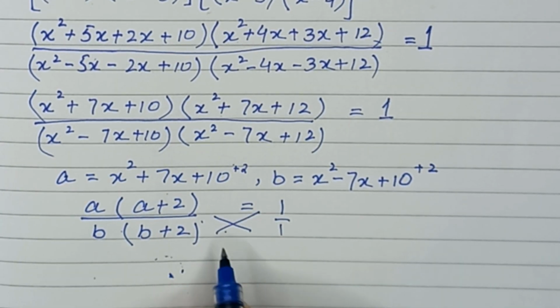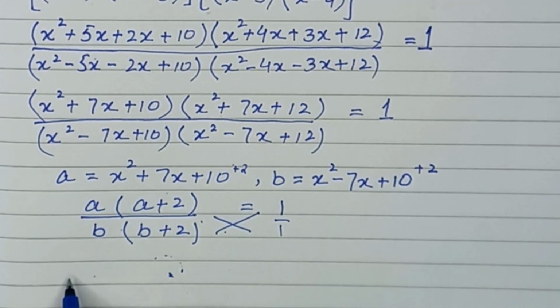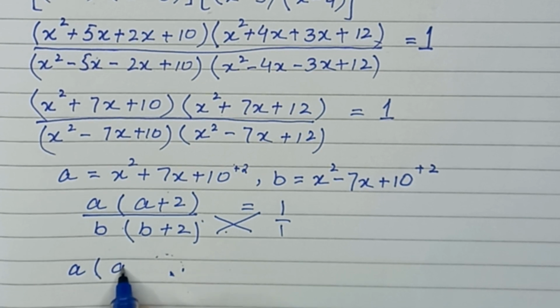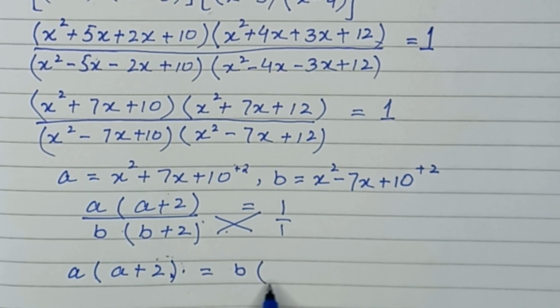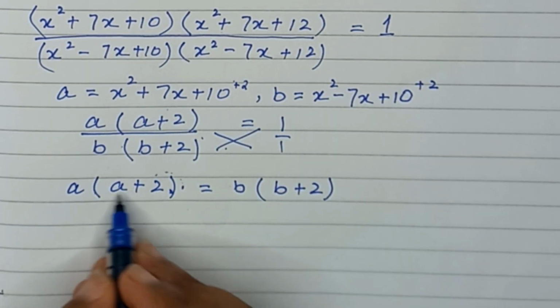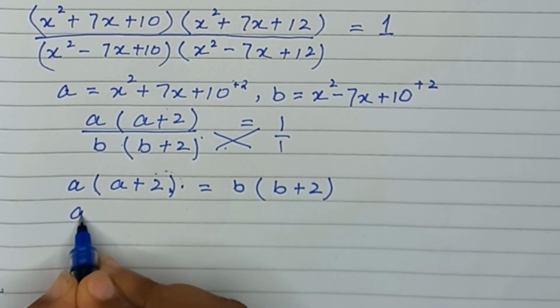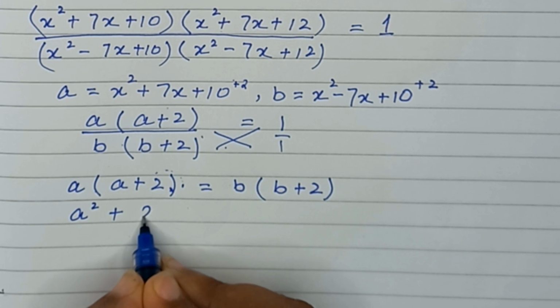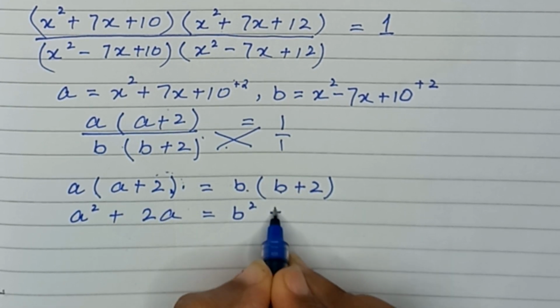Now we will do cross multiplication. So it will become a into a plus 2 equal to b into b plus 2. From here it will become a square plus 2a, which is equal to b square plus 2b.